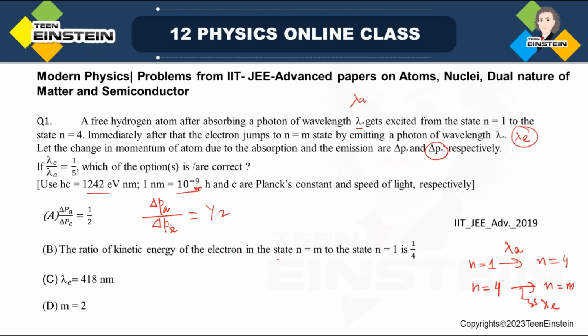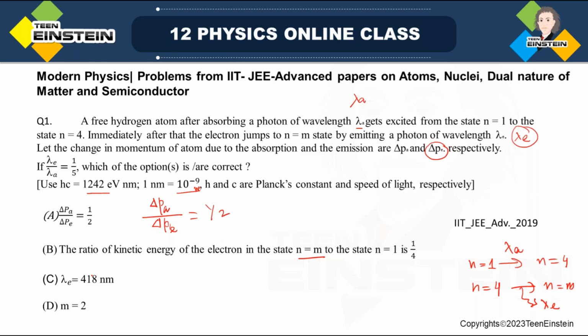Then the ratio of the kinetic energy of the electron in the state n is equal to m to the state n is equal to 1 is 1/4. So you have to find out the ratio of kinetic energy of the electron in the state n is equal to m and n is equal to 1. Then the emitted photon has wavelength lambda e is equal to 418 nanometer.